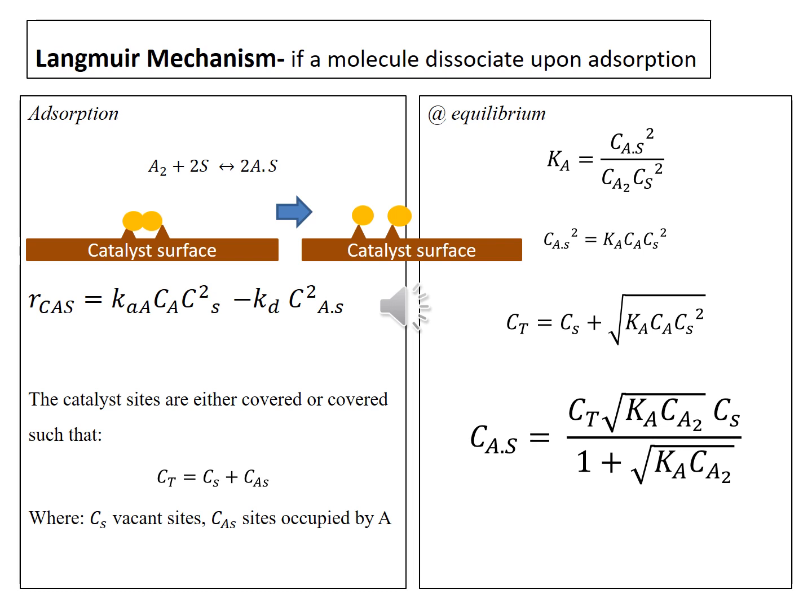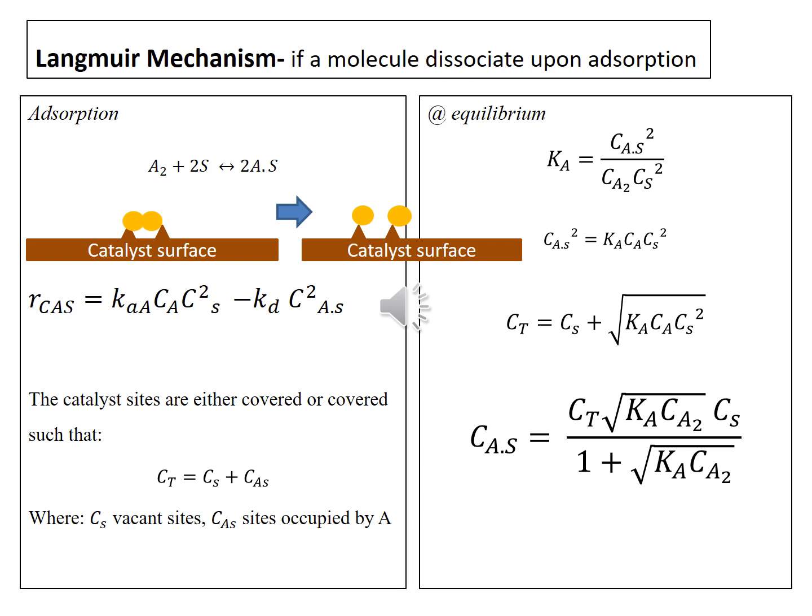And the total site balance will still be C_T equal to Cs plus C_A·S. And at equilibrium, we equate those two equations, the forward and the backward direction, or equate the overall rate to 0. We'll get that and make the unmeasurable species the subject of the formula. We get that, then substitute it into the overall equation.